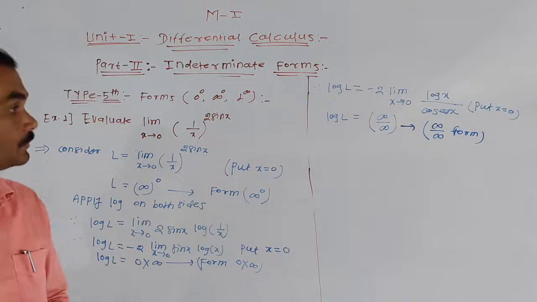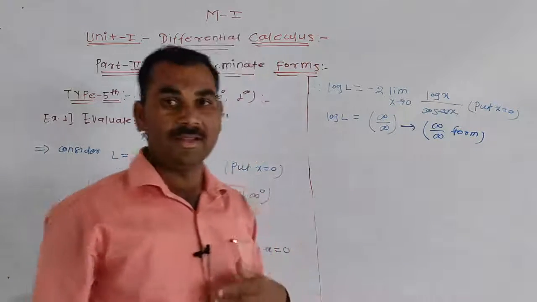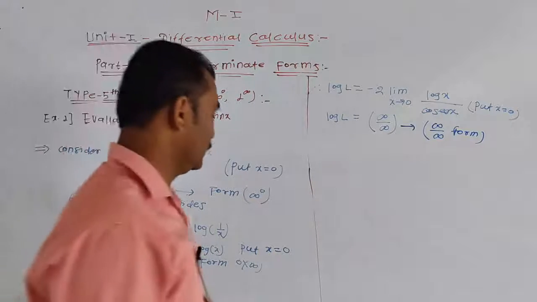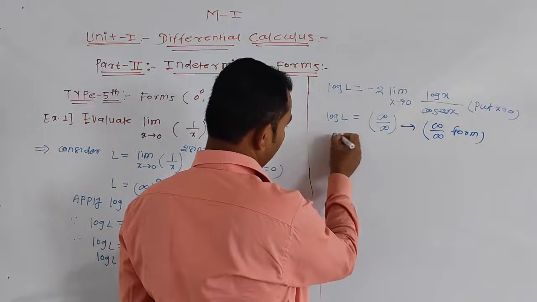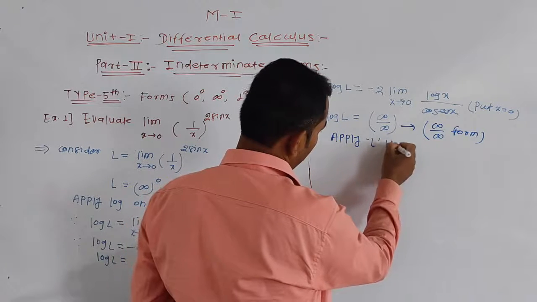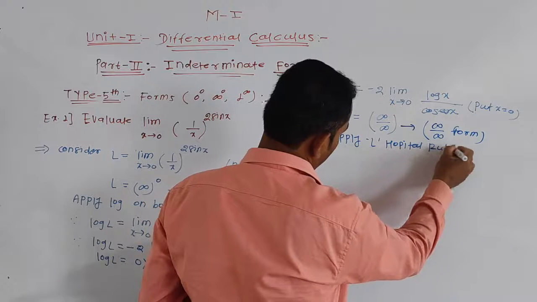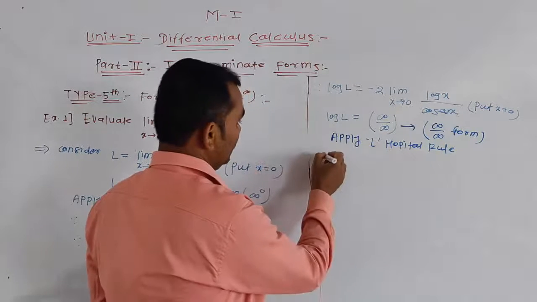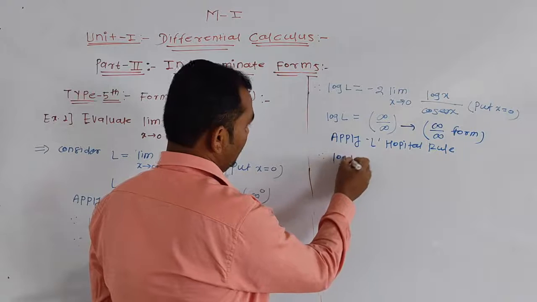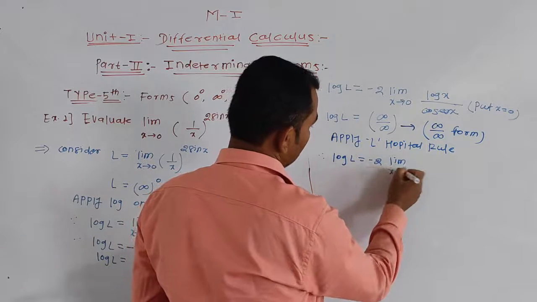Okay, now we get infinity by infinity form, then apply the L'Hopital rule. Okay, apply L'Hopital rule. What will we get? Therefore log of L is equal to -2 limit x tends to 0.